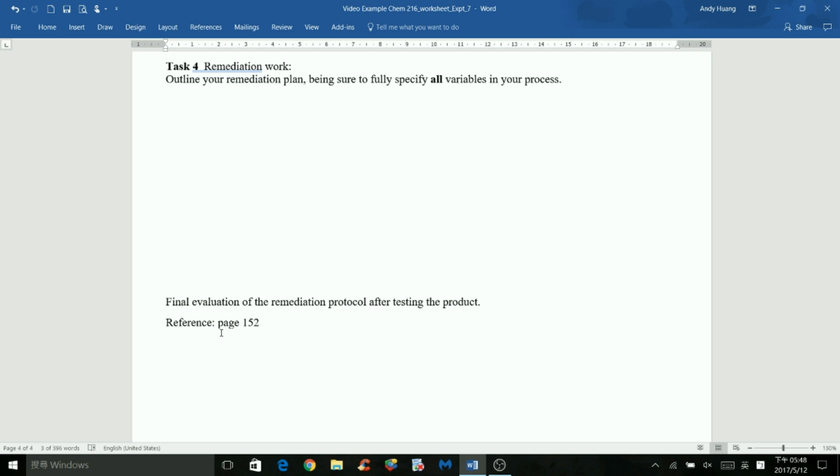For water hardness or magnesium 2 plus / calcium 2 plus, the total hardness level should be between 60 to 100 ppm. So according to your result after remediation, you should be able to evaluate how effective the remediation protocol was that you basically outlined here.